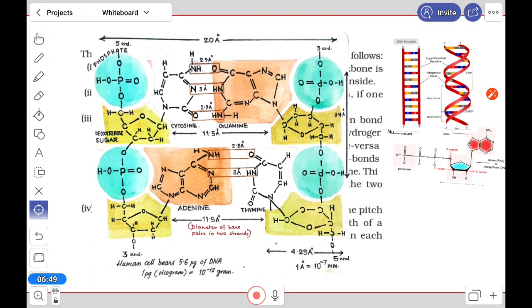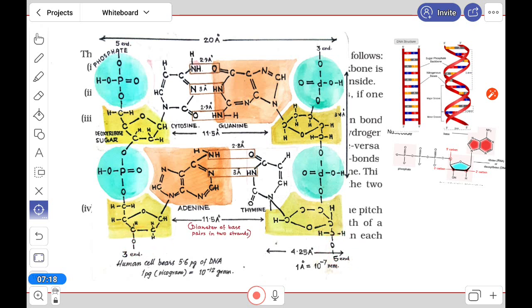And on the other side, when it goes this way, that is the 3' end. When it is placed in the opposite direction, upside down, the ends also change. If it is 5', then it will be 3', and if this is 5, then this is 3.